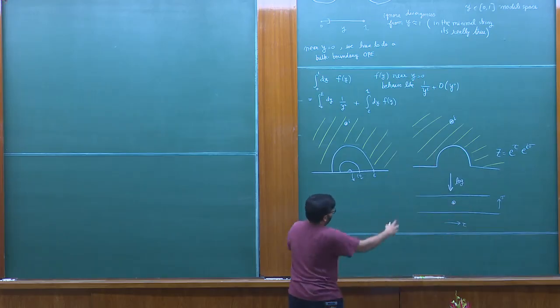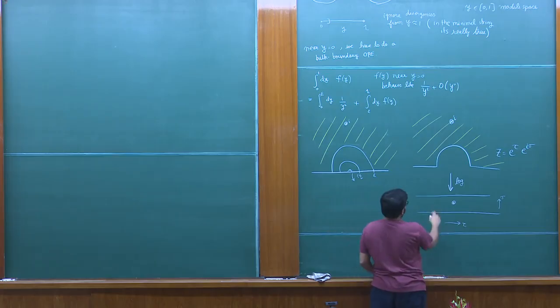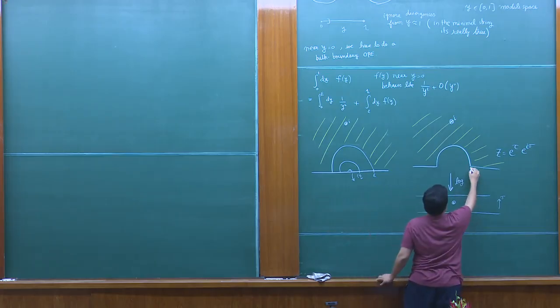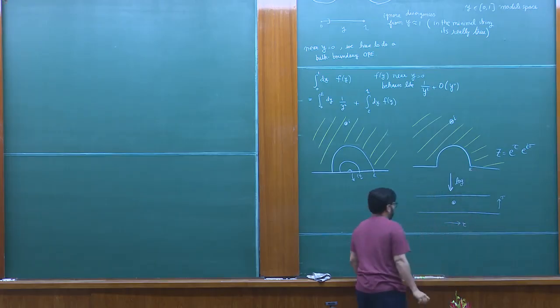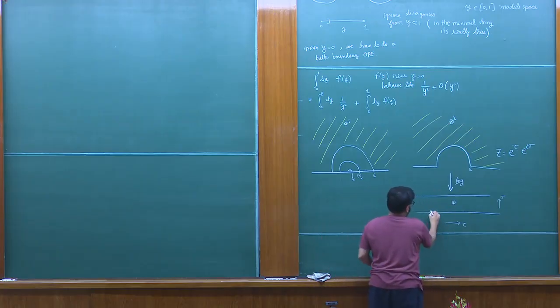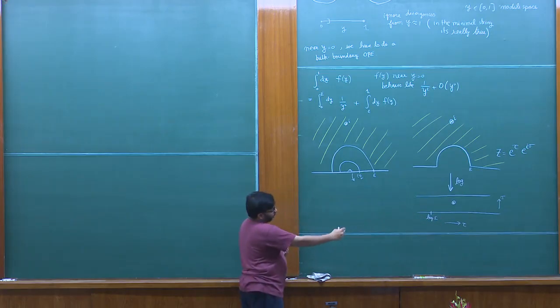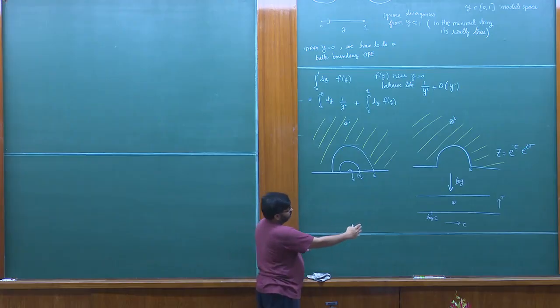Now, as you come down, you are going towards this side, and there is this semicircle which has radius epsilon. If you take the log, you'll have some number here which is log of epsilon, which is negative because epsilon is less than 1.